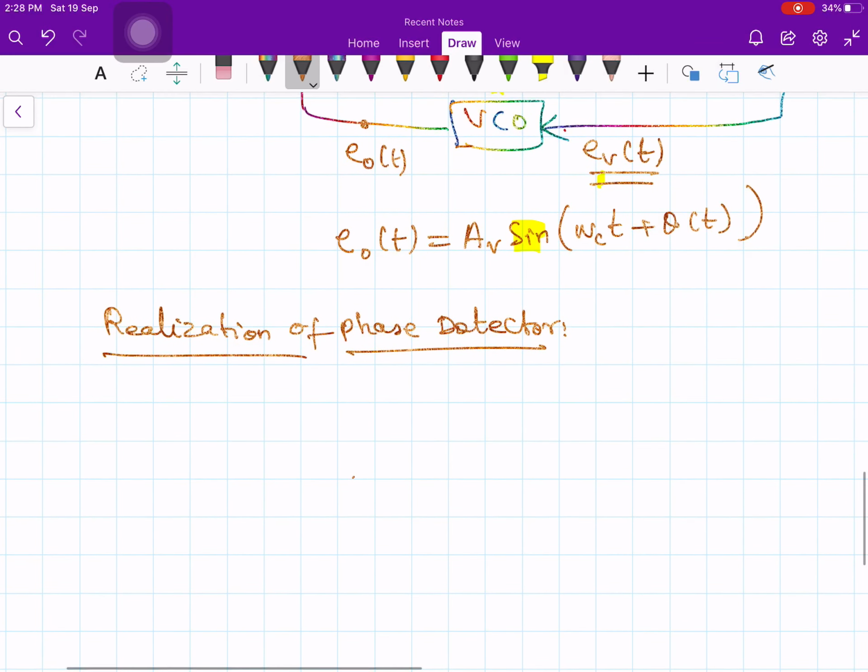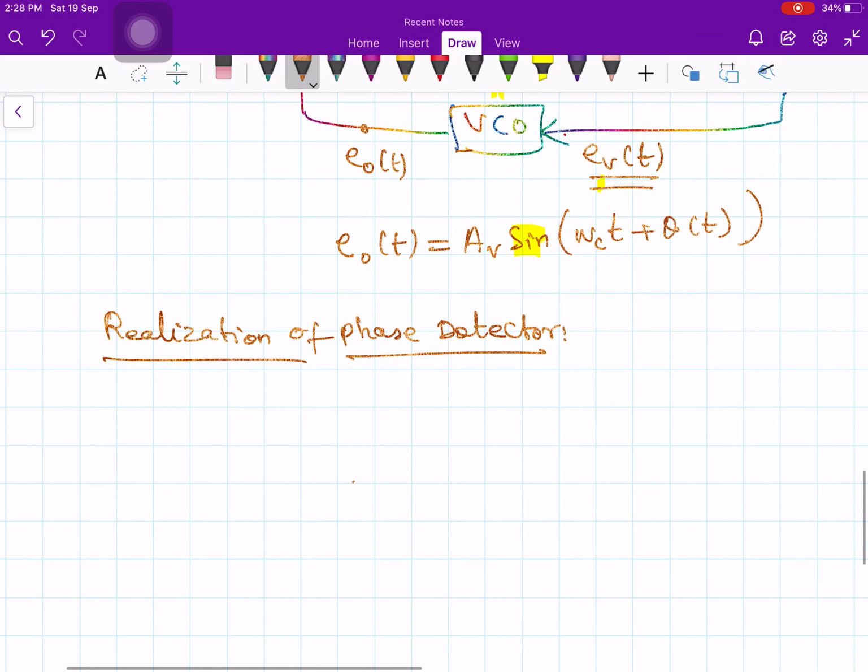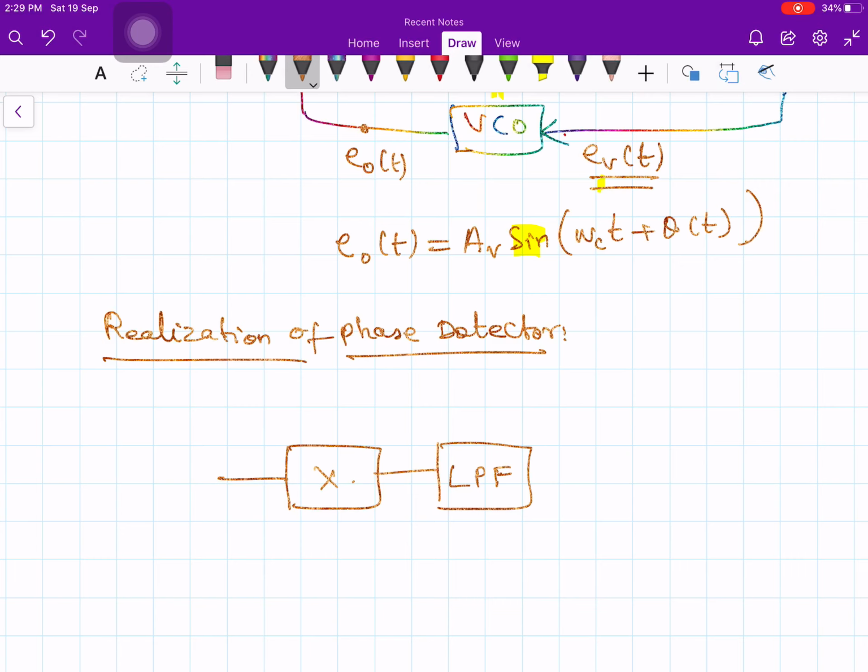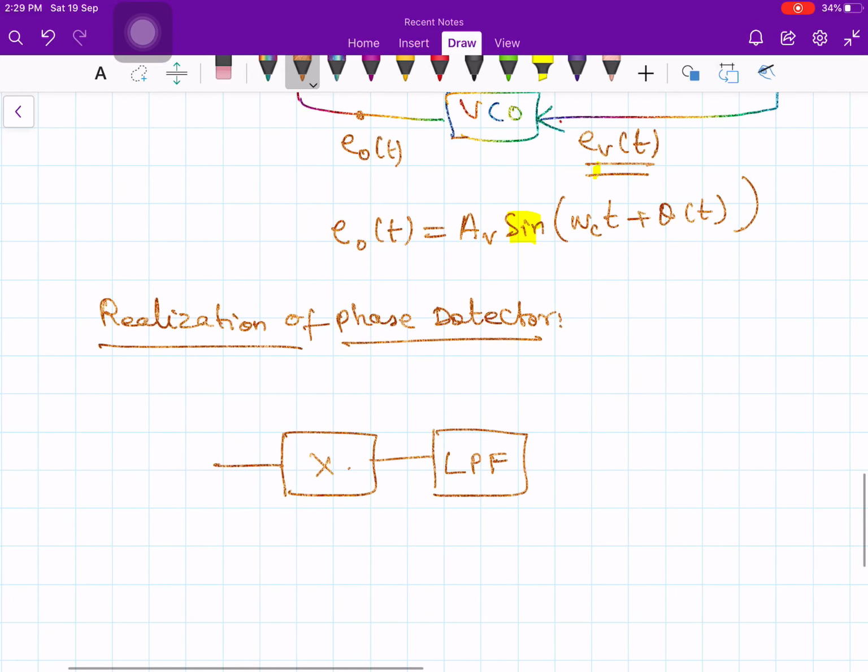So one of the simplest ways is to simply have a multiplier followed by a low pass filter. Okay, so this is your input x suffix r of t. For the multiplier I need two inputs, right?